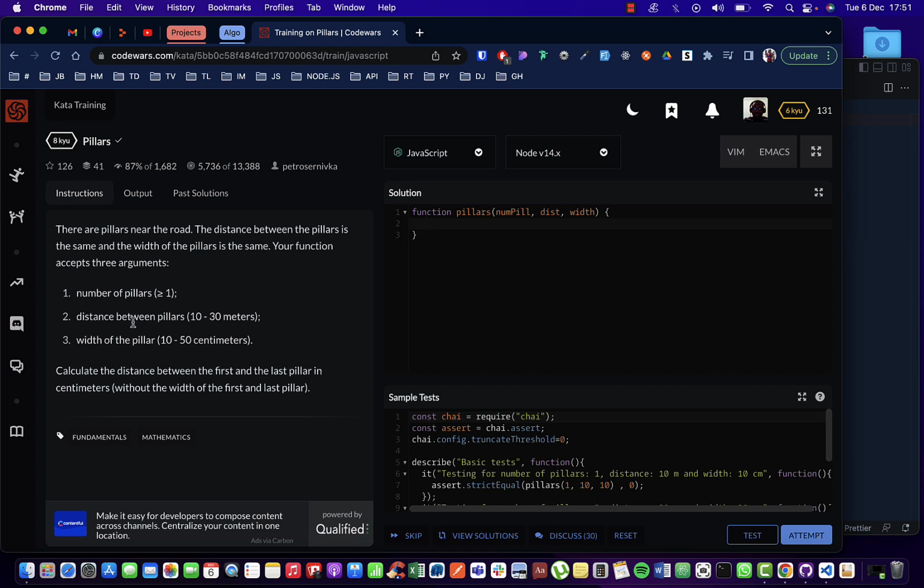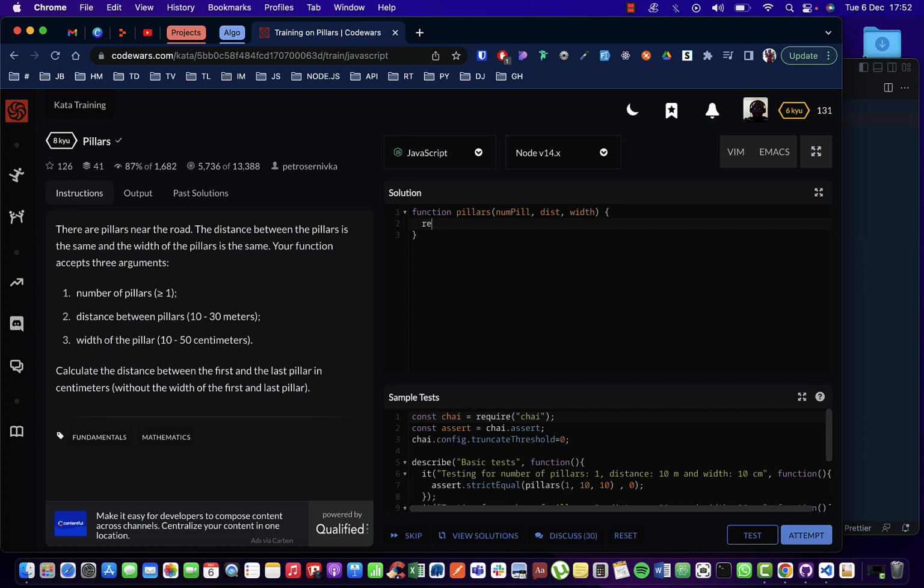So first of all, we have to consider that when we have one pillar, there isn't any distance between any pillar, because with one pillar you can't have anything between that. But when you have two pillars, then you can now calculate the distance.